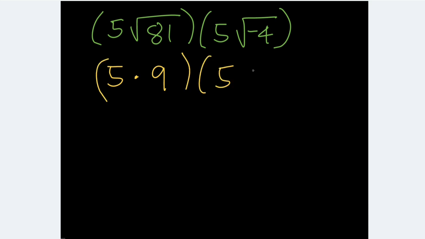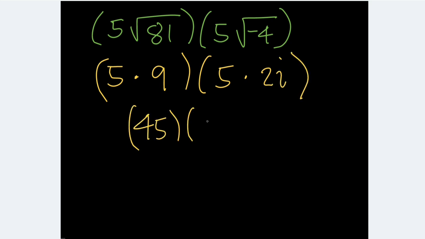Square root of negative 4 is 2i, right? Then this is 45 times 10i. 45 times 10, it's 450i. Are we right? Correct? Yay! Got a perfect score.